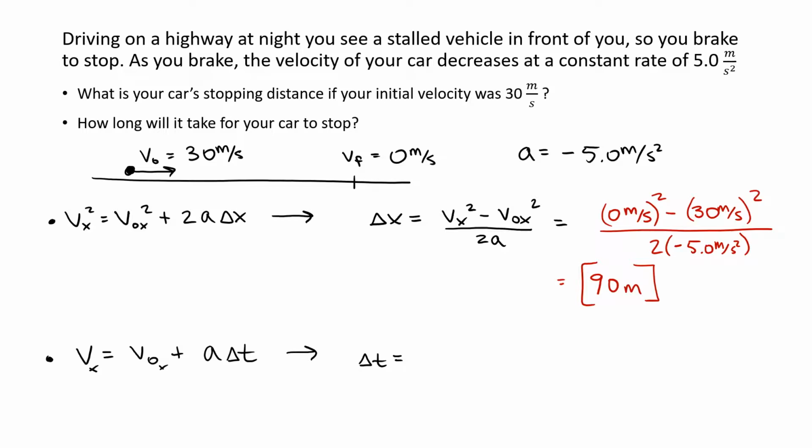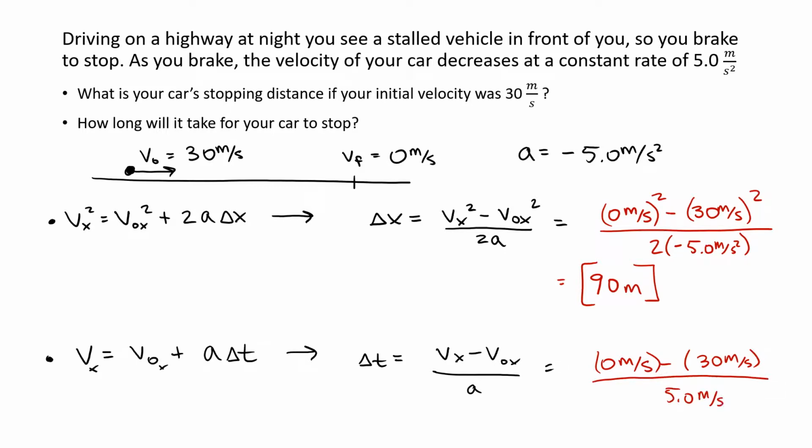Okay, delta t equals, over, very straightforward on this one. And then let's see if we could do that. So it's going to be 0 minus the initial velocity, which is 30, over a.